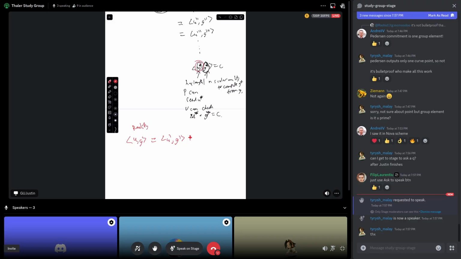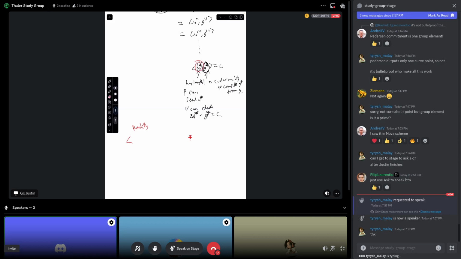Okay, so it does work out. The equality does hold if you just add some extra terms to the right hand side. Let me write it this way, let me just reverse the equality real fast.